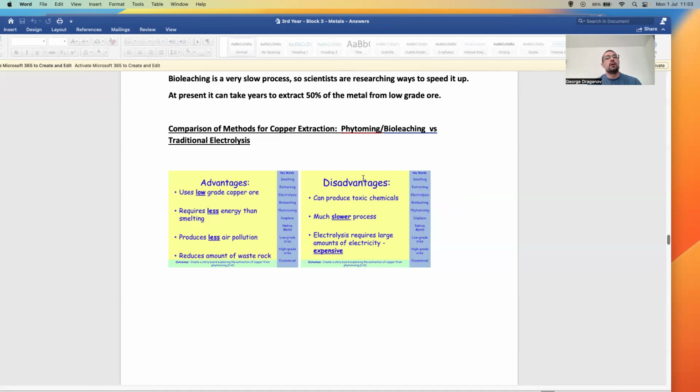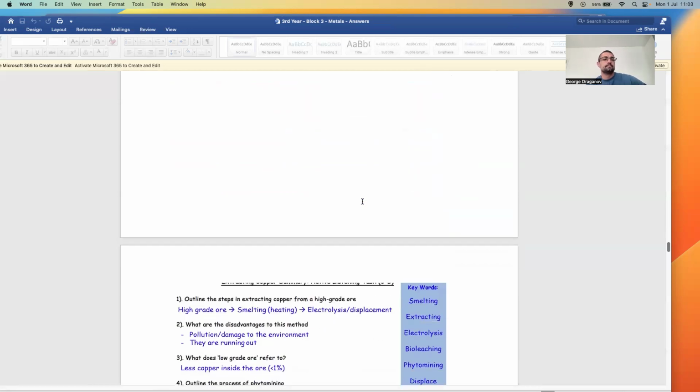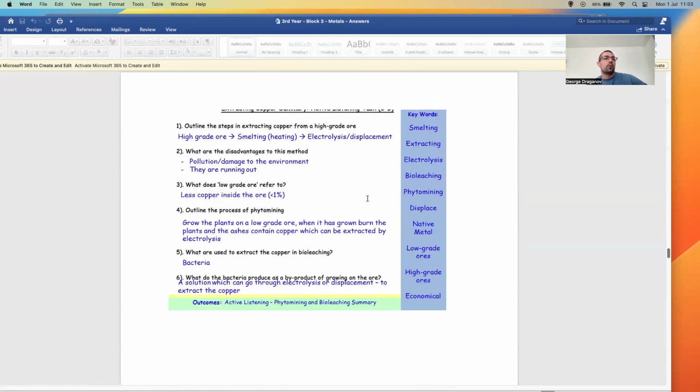The disadvantage, it's much slower. It still needs some electrolysis at the end to purify the metal, which is expensive. And also, it can actually produce toxic chemicals, phytomining and bioleaching, which could then damage further plants in the soil. Here are some more common questions and answers for this.